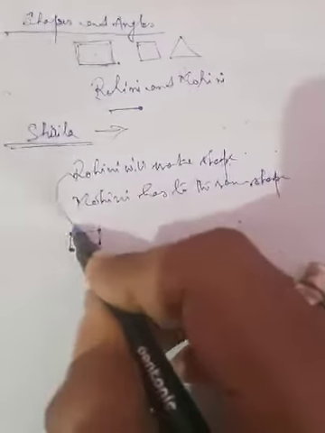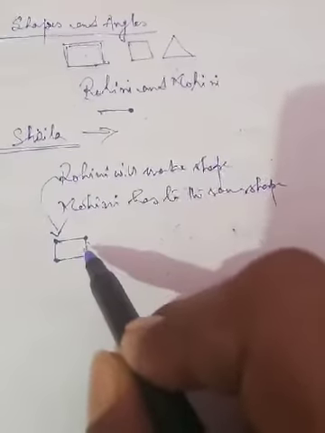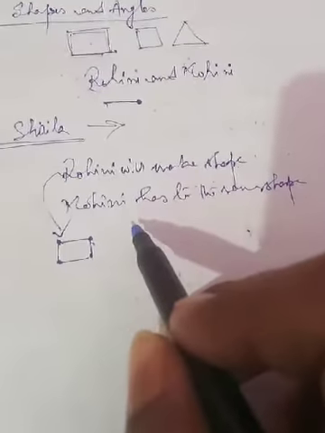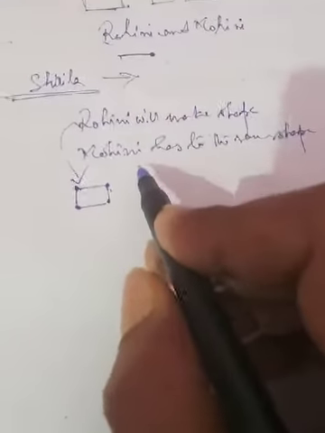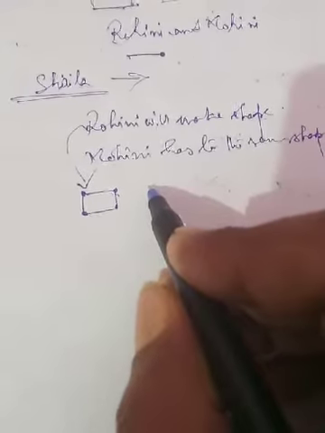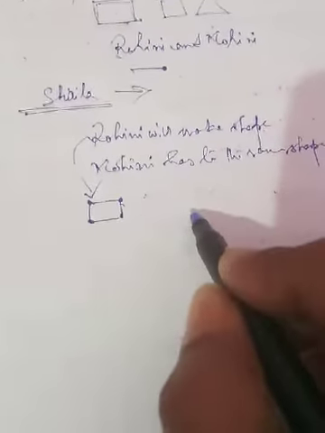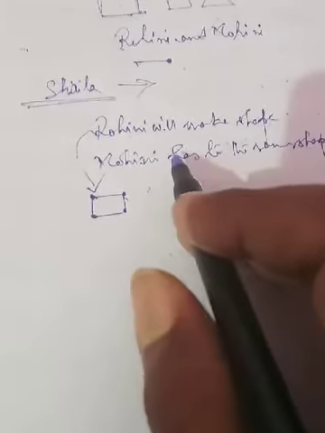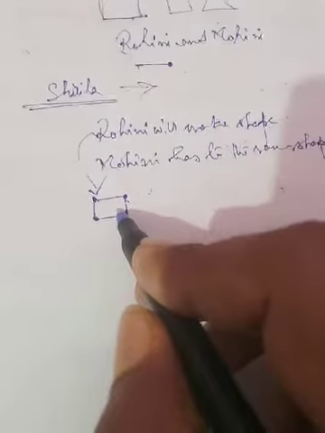But Mohini doesn't know that Rohini is making a rectangle, but she can ask questions. She can ask, Rohini, are you making a shape which has opposite sides equal, and opposite angles equal? By using these questions they understand that Rohini is making a rectangle.